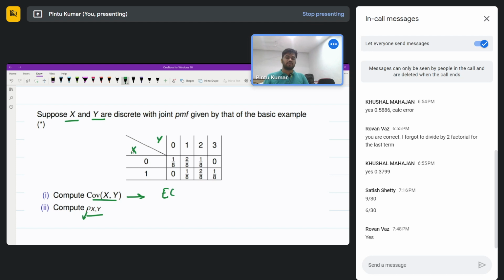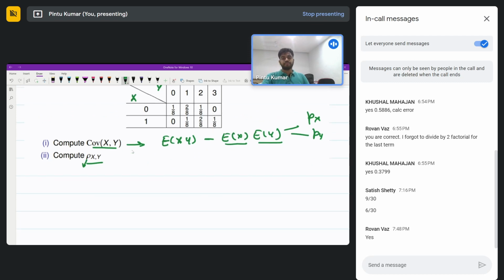It is expectation of xy minus expectation of x into expectation of y. To calculate expectation of xy, we have every information available over here. But to calculate the expectation of x and expectation of y, we will need the marginal distribution for x and the marginal distribution for y. So we will calculate that also over here.